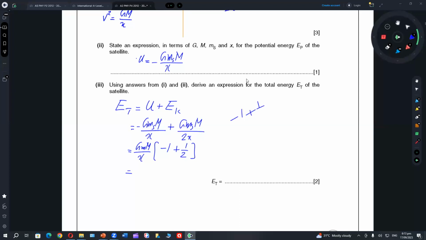Minus 1 plus half, LCM. But do not go in decimal, keep it half. So share this step.